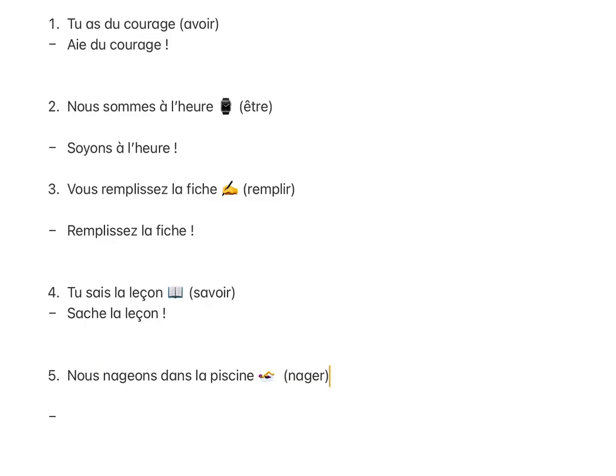And given the fact that the verb nager is a regular ER verb, all we have to do is simply drop the subject pronoun nous. So we get nageons dans la piscine, and of course the exclamation mark. Nageons dans la piscine, which means let us swim in the swimming pool.